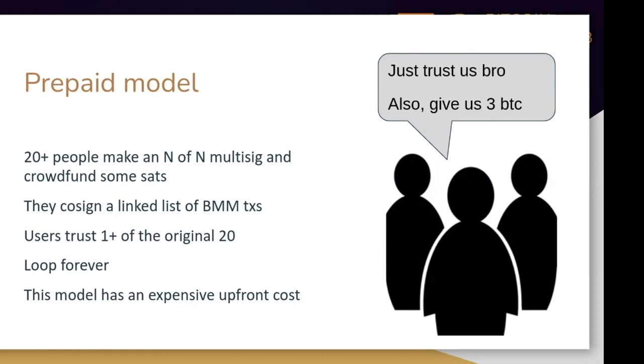As long as at least one of these people deletes their private key, you can no longer create more of these things, because you need all the private keys to create more transactions. So you have a set of 10 years worth of these transactions that will create these sidechain blocks or reference these sidechain blocks.